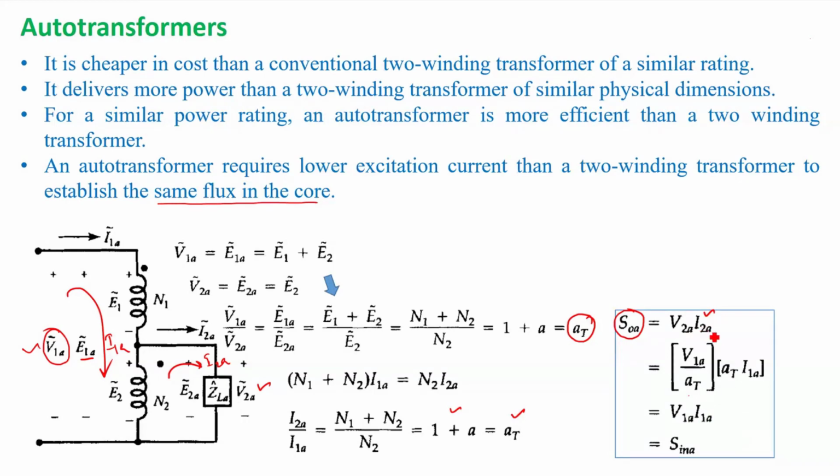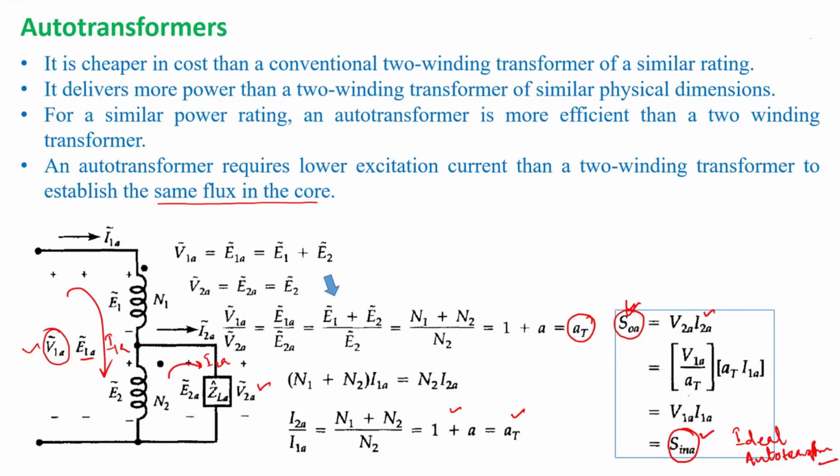That means V2A into I2A equal to V1A into I1A. That is nothing but the input apparent power. That means input apparent power is equal to output apparent power for an ideal autotransformer, right? Because there is no loss. So therefore, for an ideal autotransformer, input power is equal to the output power, right?